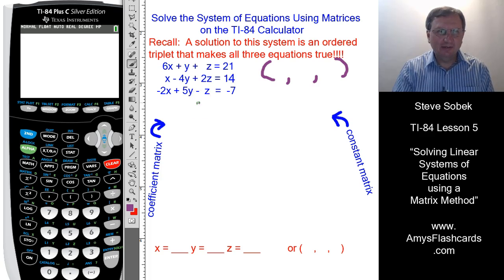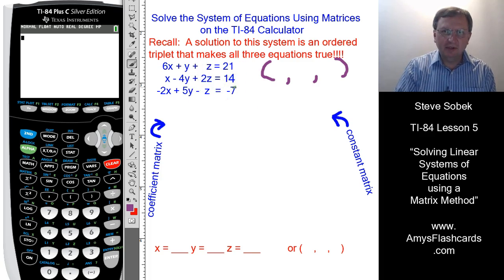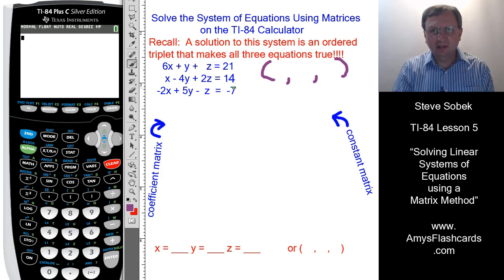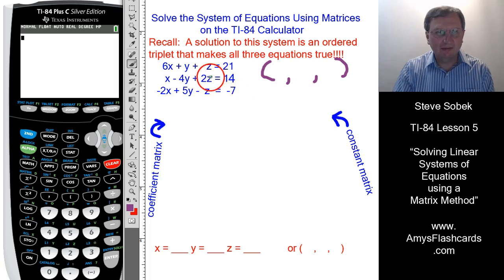Now, I trust that if the teacher decides to change the order, for example writing negative 2x minus z plus 5y, you would be wise enough to get everything in the same order so that your x's come first, then y's, then z's, and your constant terms are over here. Before you begin to determine your coefficient matrix, you need to have your equations set up like this.